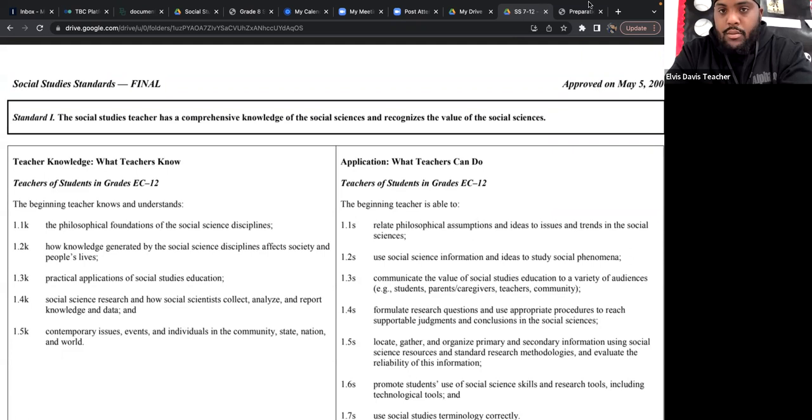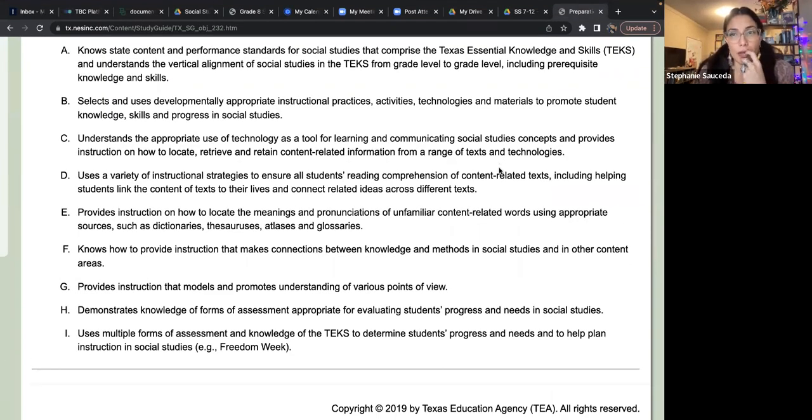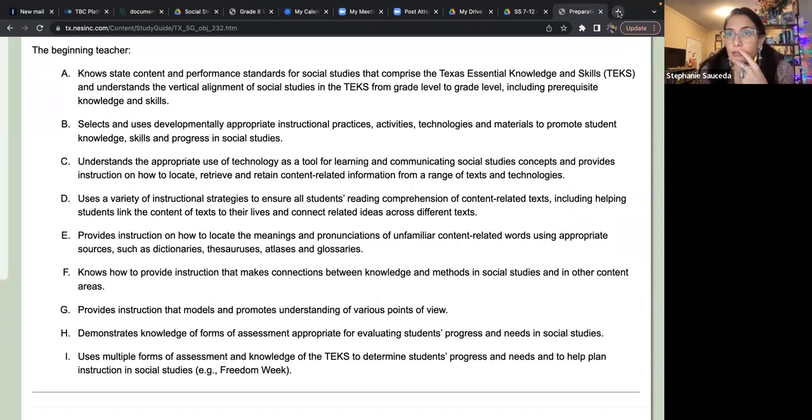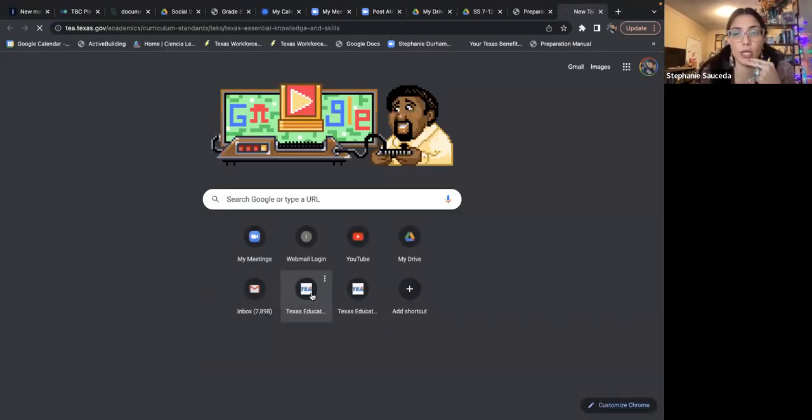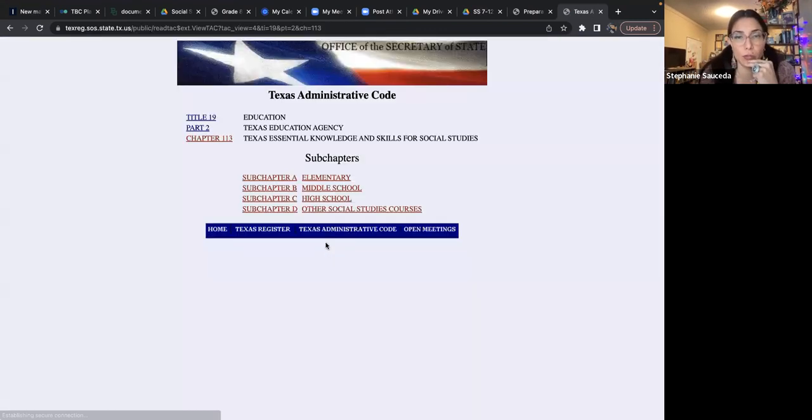I'm not sure how that breaks down. There's actually a lot of TEKS. Let me make sure that we are familiar with all of the ones that you're responsible for.